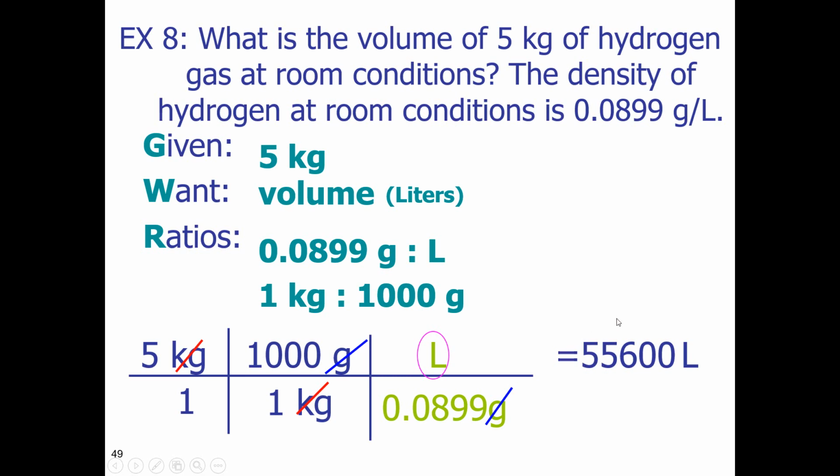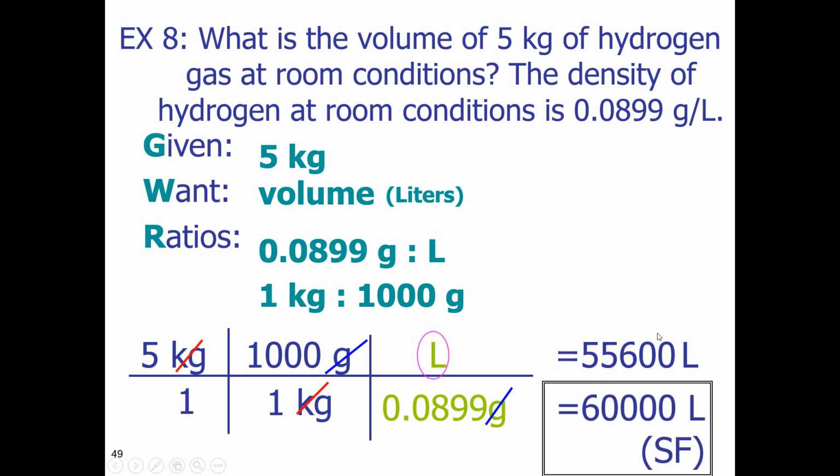And we're going to turn all of these numbers into zeros and make sure we do not include a decimal point at the end. Our answer is 60,000 liters, and this is the volume or space, same thing, volume is a three-dimensional space, that 5 kilograms of hydrogen gas at room conditions would take up.